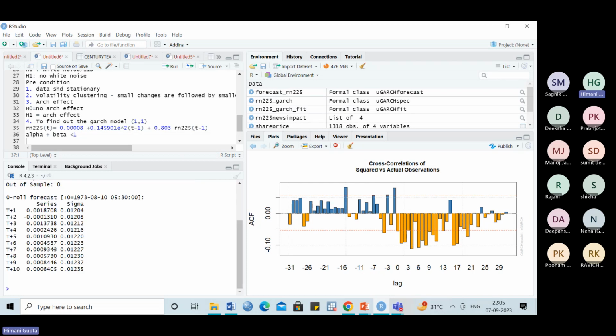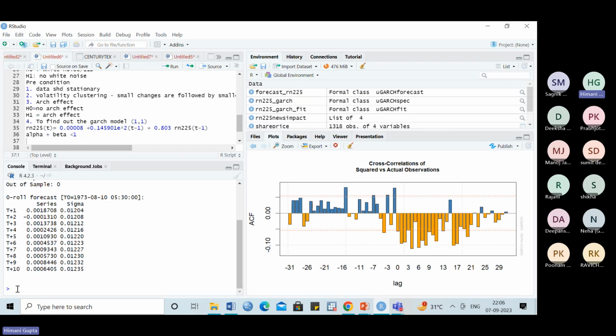It will give me the forecast T plus 1 till 10. Sigma represents your standard deviation, your risk, and this is your volatility. Future 10 volatility.